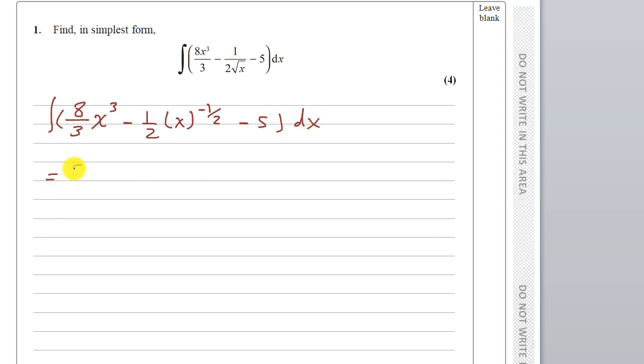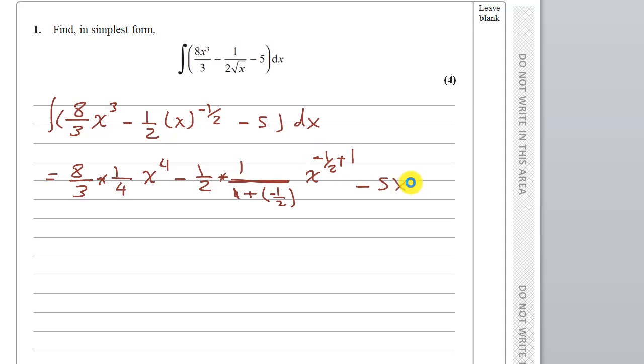It's equal to 8 over 3 multiplied by 1 over 4 x to the power 4 minus half multiplied by 1 divided by 1 plus minus half multiplied by x to the power minus half plus 1 minus 5x plus c. So this one with this one is equal to 2 over 3 x to the power 4.